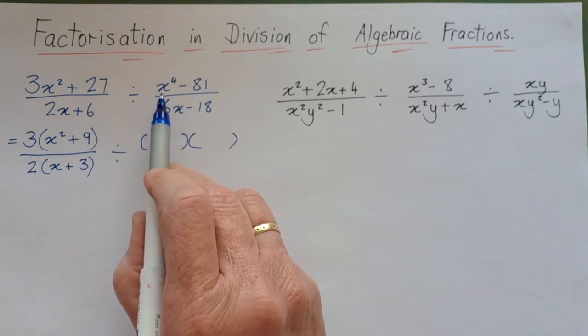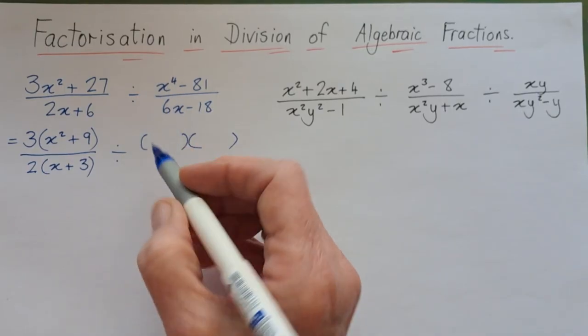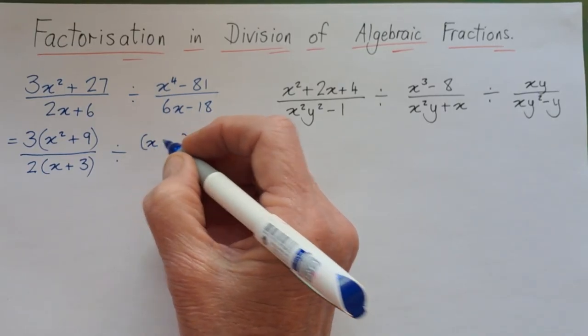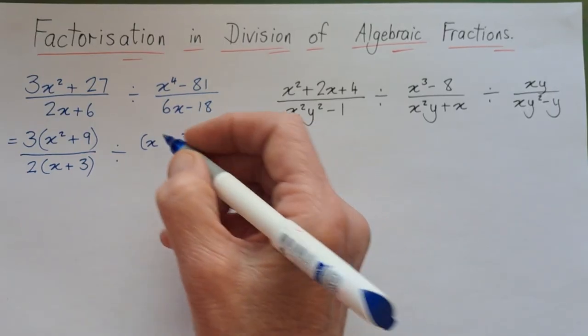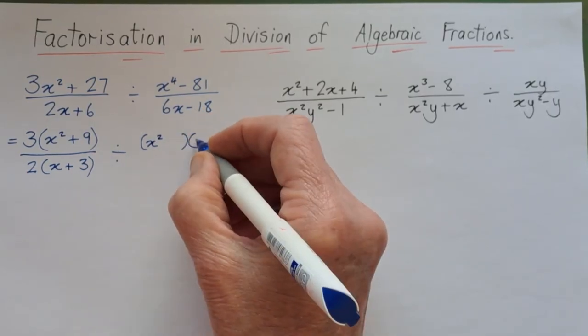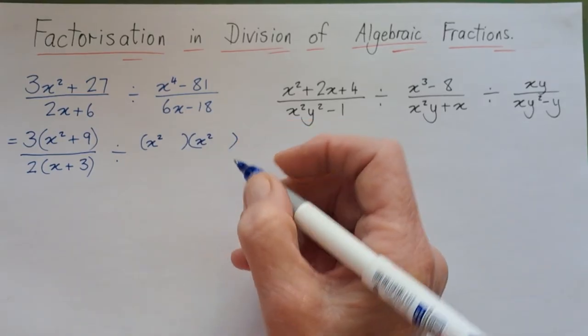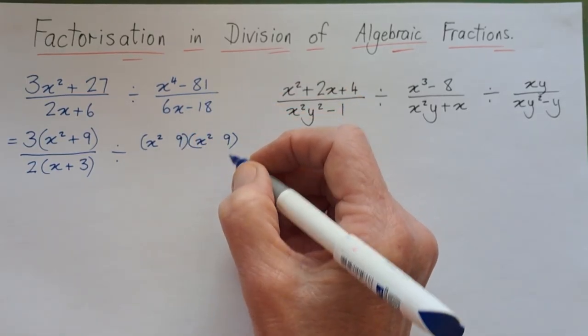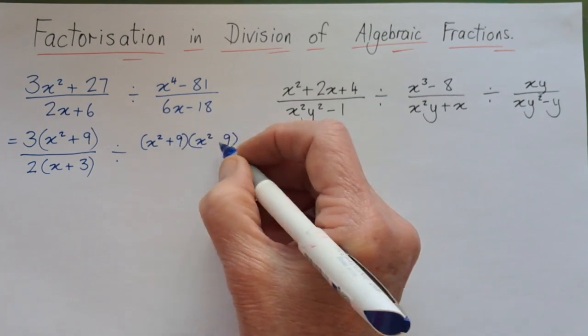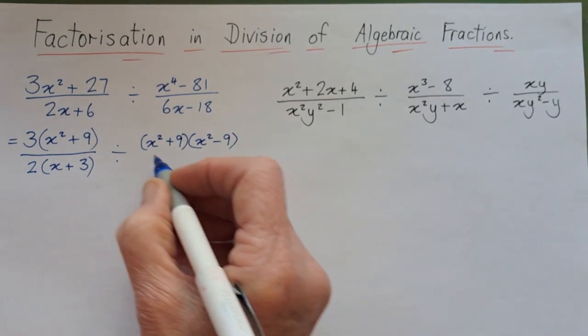So to find the square root of x to the power of 4, we're going to say 4 divided by 2, because it's a square root, which is going to give us x squared, x squared. The square root of 81 is 9. And then for the brackets, one gets a plus and one gets a minus.